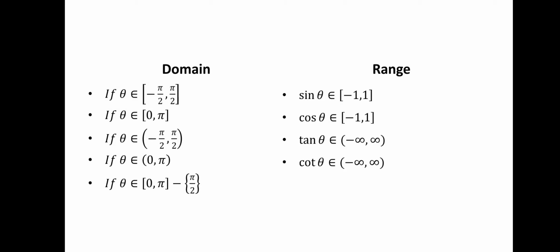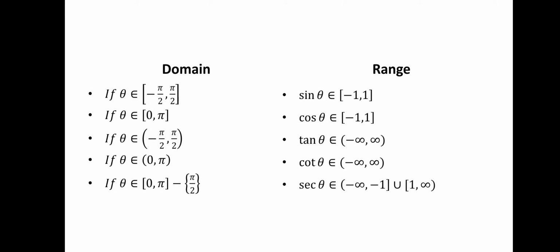If I take all these values, then sec theta will lie between minus infinity to minus 1 and 1 to infinity. That means it can give me any value except the values between minus 1 and 1. So sec theta can never give me a value between minus 1 and 1.